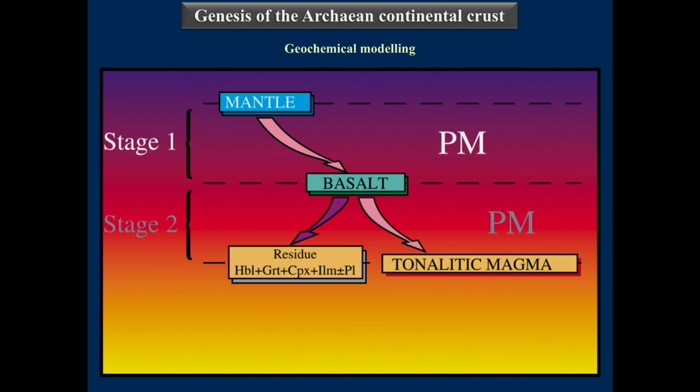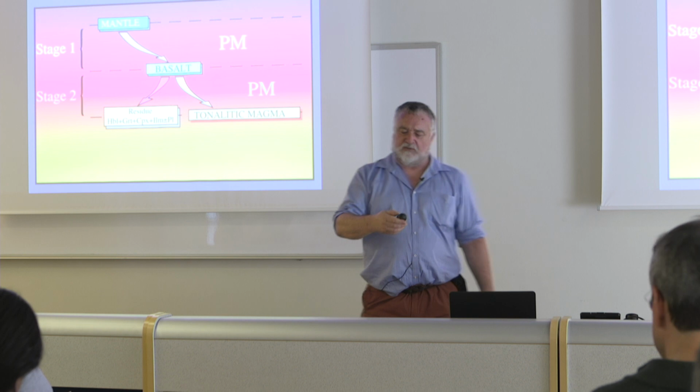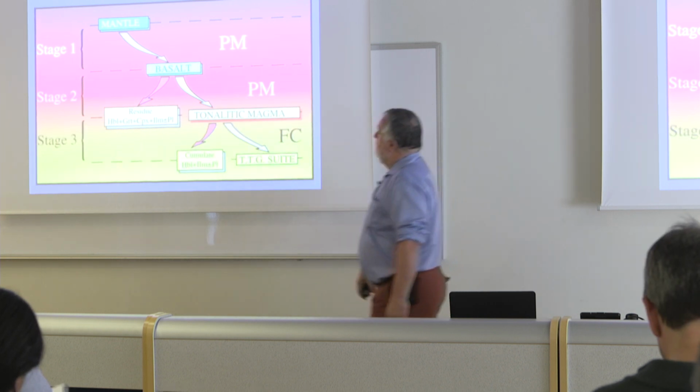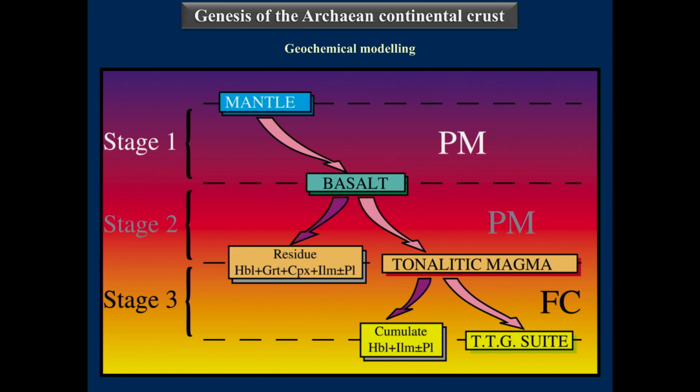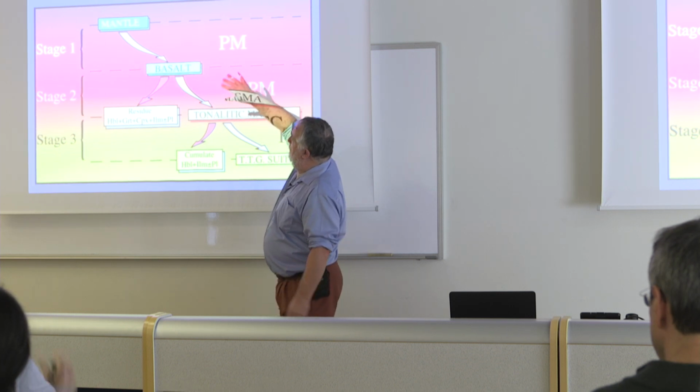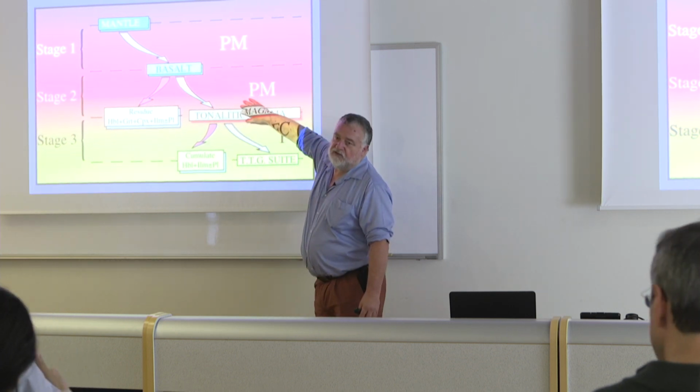So there are two stages, two steps in the genesis of these rocks. And afterwards, sometimes, it's possible to have fractional crystallization that will change a little bit the composition of the rocks. But the more important is this melting event that, in two stages, transforms a rock from the mantle into a rock of the continental crust.